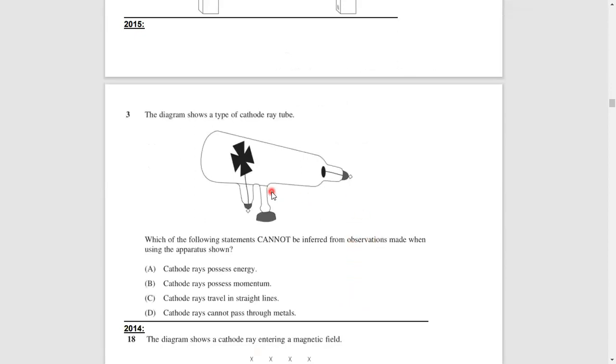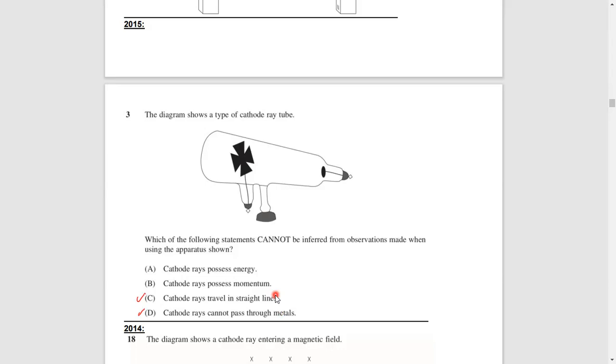Okay, so Maltese cross again. Now, which of the following cannot be inferred this time? Well, we can infer they travel in straight lines. We can infer they can't pass through metals. In terms of the Maltese cross, we can't really infer that they possess momentum.